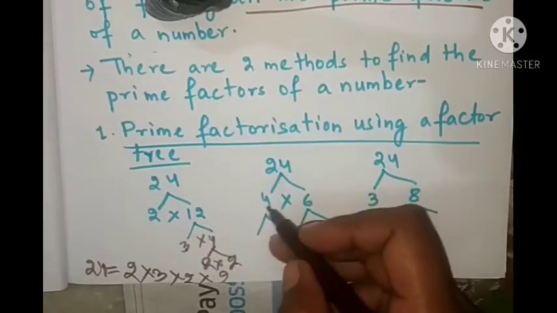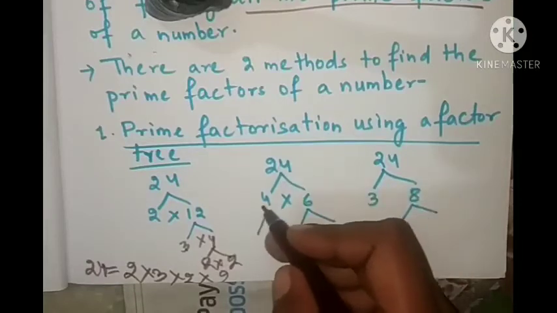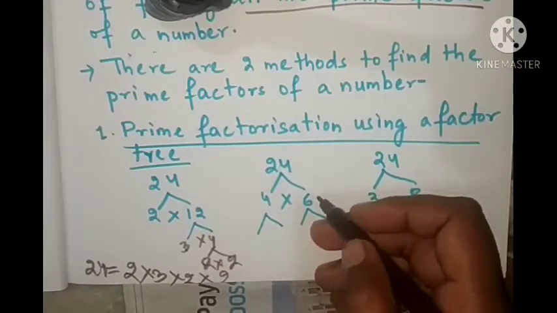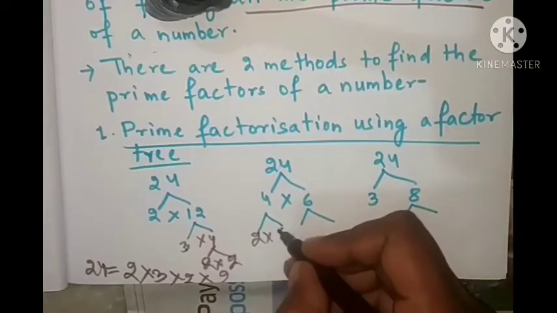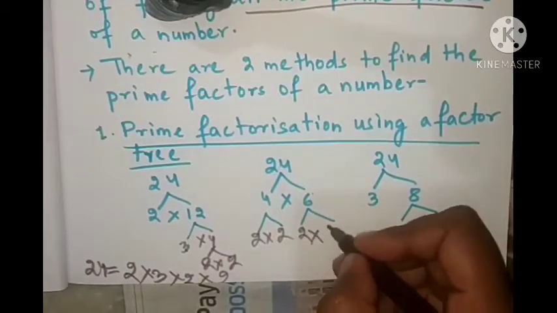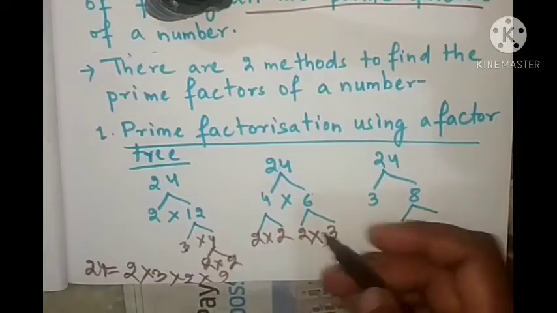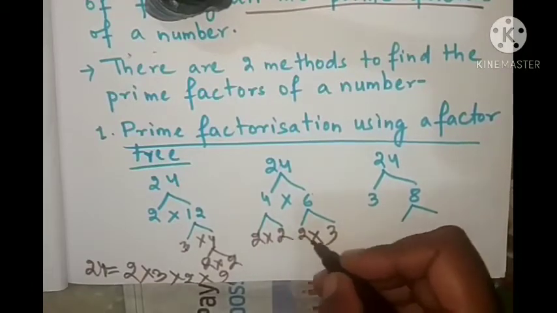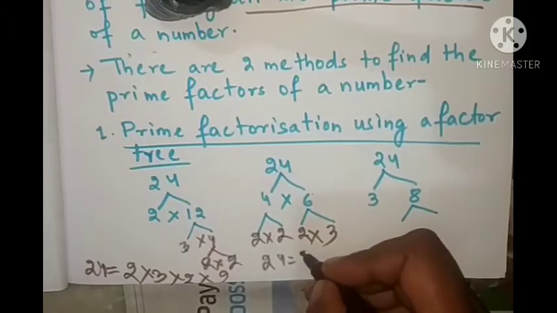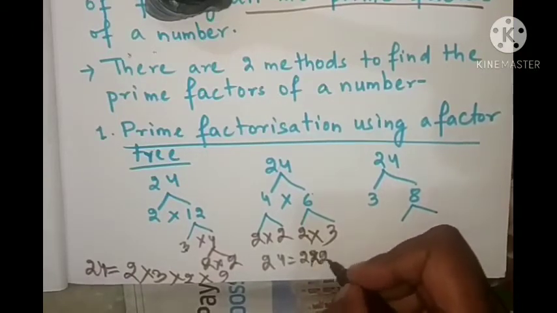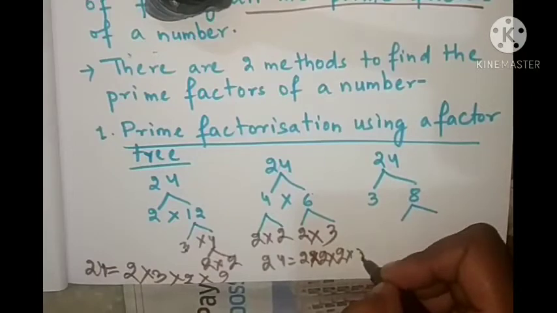Let's see like this. 24 is also 4 into 6. Okay, 4 into 6 will be 24. Let's find out. 2 into 2, and here 2 into 3. Got it? All the prime factors: 2 into 2 is 4, 4 into 2 is 8, 8 into 3 is 24. So all the prime factors are 2 into 2 into 2 into 3.